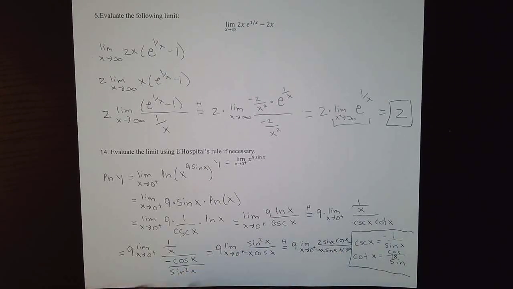And so what that tells us is that the limit is 0, and so this is equal to 9 times 0, or 0. But if we recall from the beginning, we took the natural log of both sides, so the natural log of y is equal to 0.